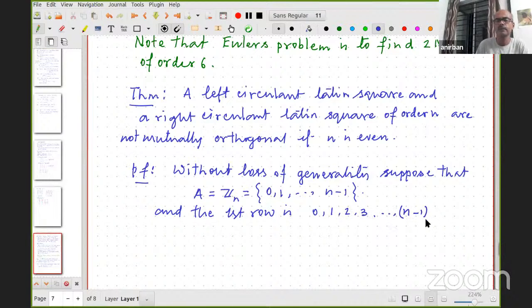We can assume that the first rows of both Latin squares are exactly the same, just 0 to n minus 1. If they are not, you can always make this circulant movement to do this.